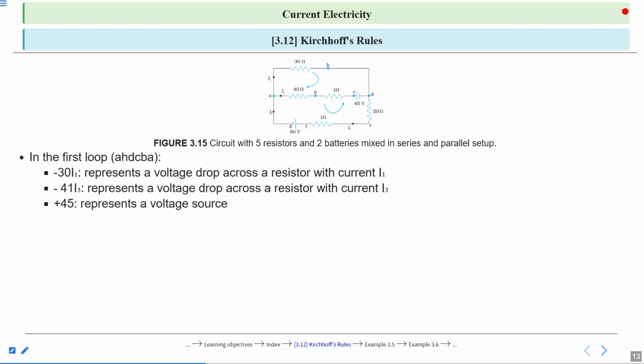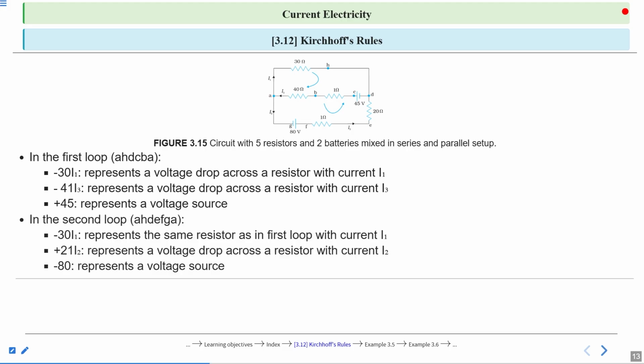In the first loop, A, H, D, C, B, A, minus 30 I1 represents a voltage drop across a resistor with current I1. Plus 41 I3 represents a voltage drop across a resistor with current I3. Plus 45 represents a voltage source.